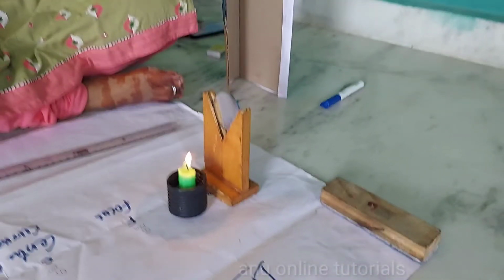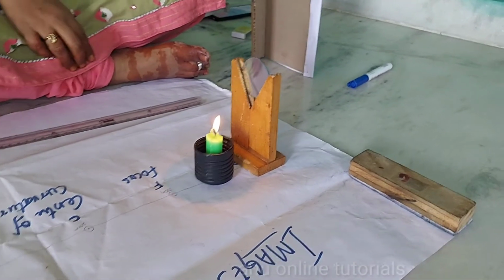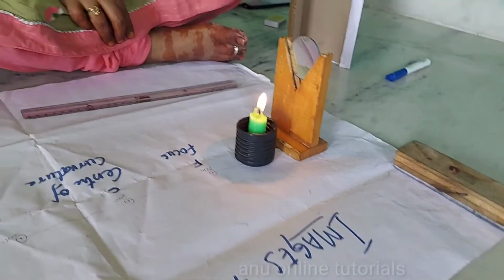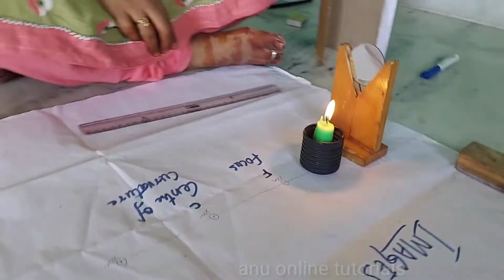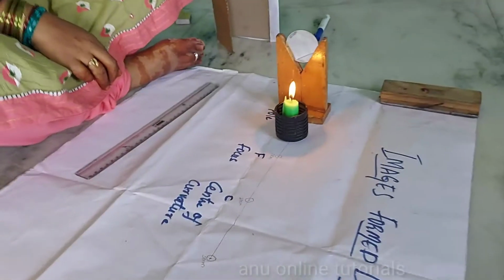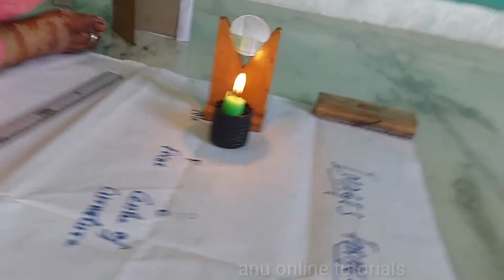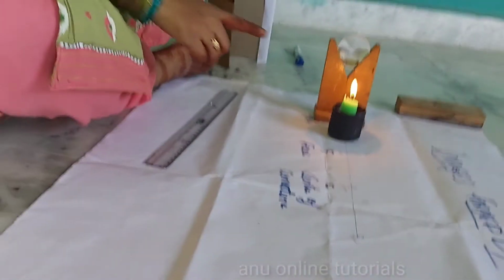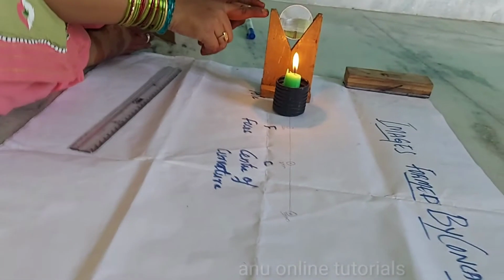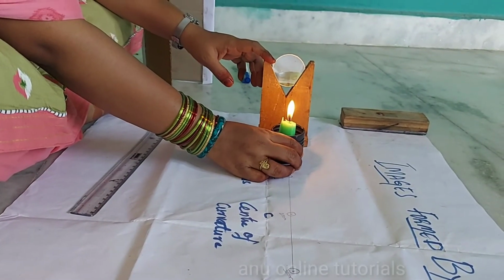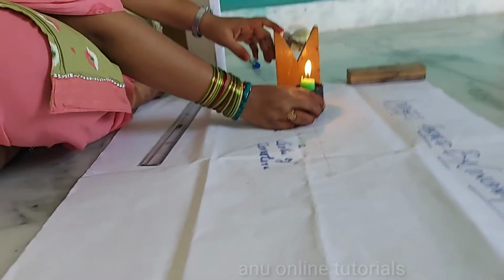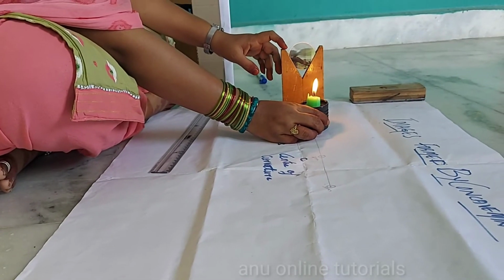With the stand I raise the height of the candle. You can't see it now, right? Then I have raised it to a height with the help of a wooden box.